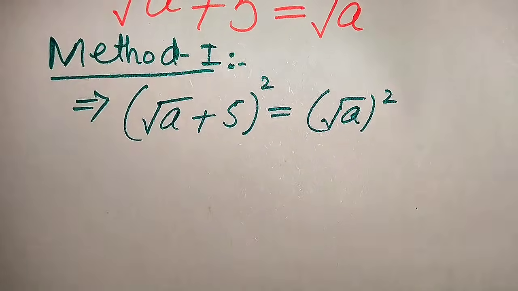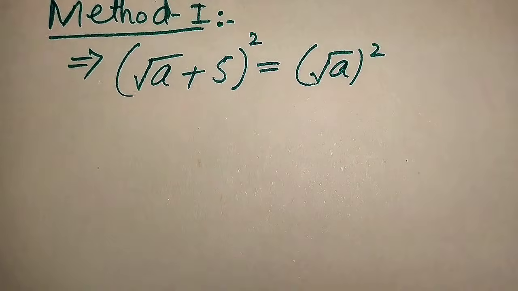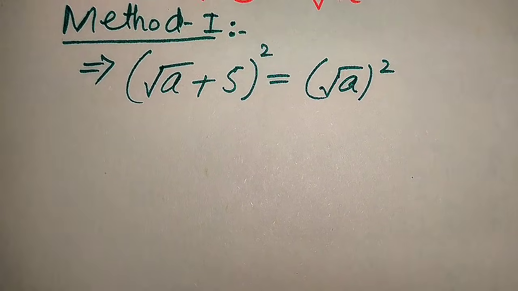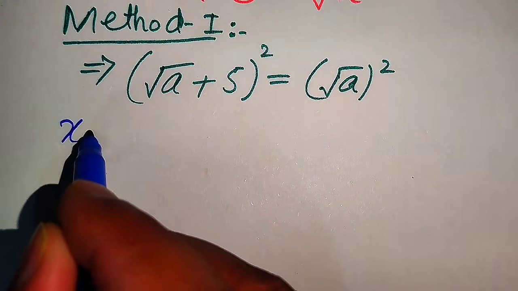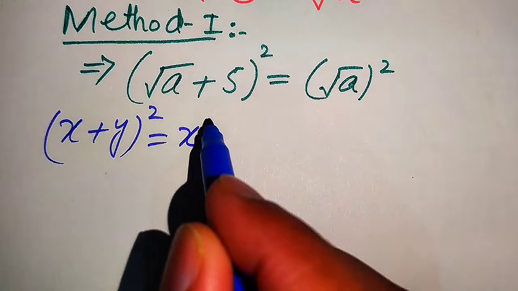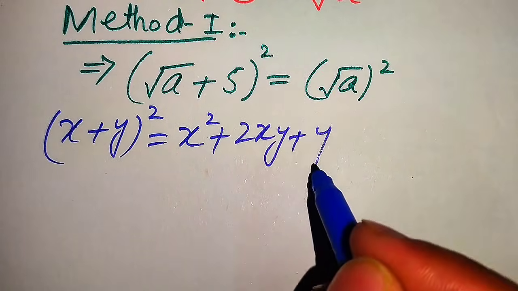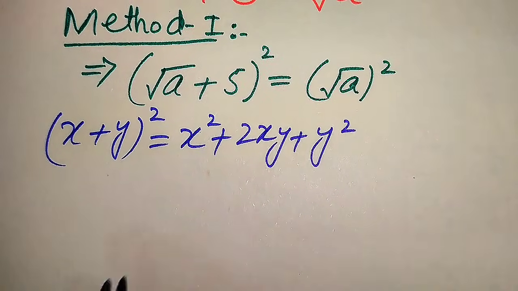And further in the next step, we need to use the nice algebraic formula on the left hand side. You know about this formula: x plus y whole square is equal to x square plus 2 times xy plus y square. So here we use this nice formula.